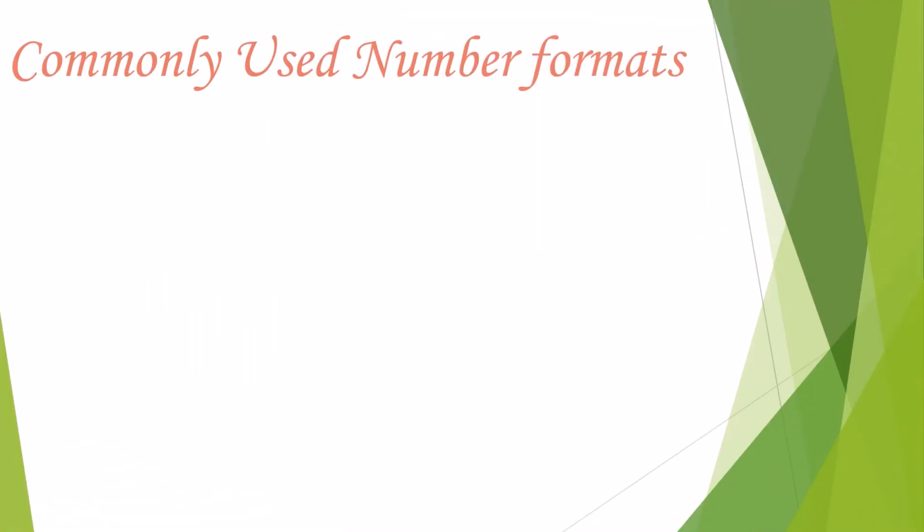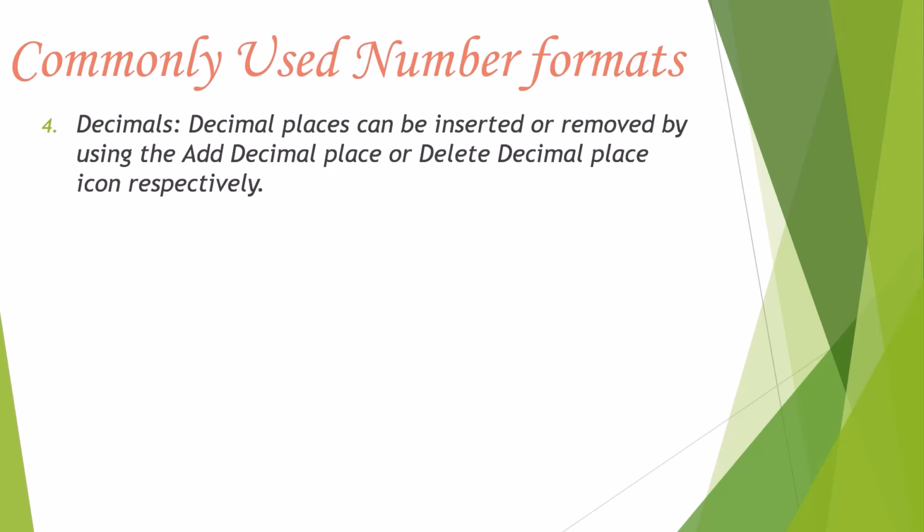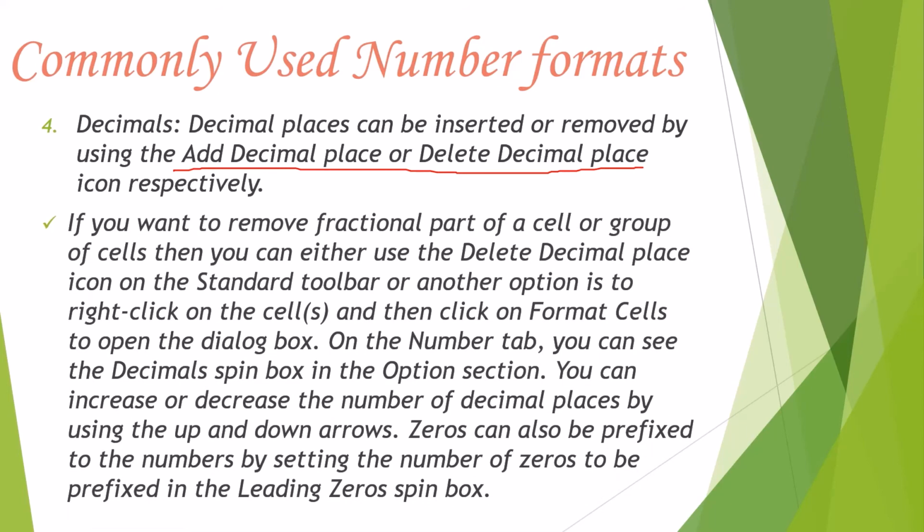Now next is decimals. If you want to add or delete decimal places, you can use the icons add decimal place or delete decimal place respectively. Suppose you want to delete the fractional part of a cell. There are a number of options.